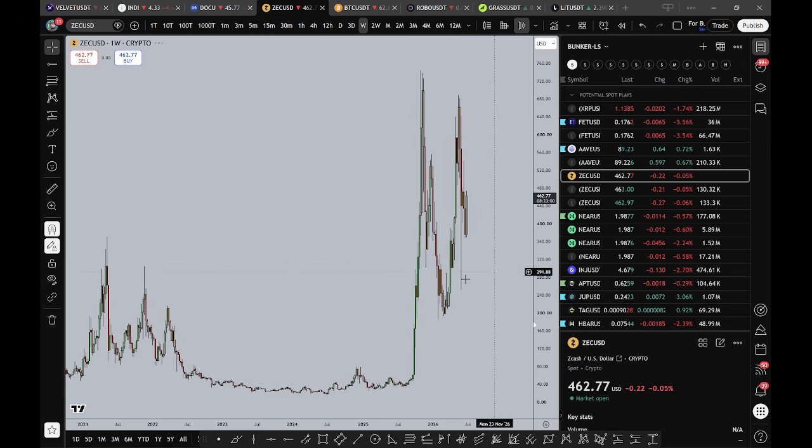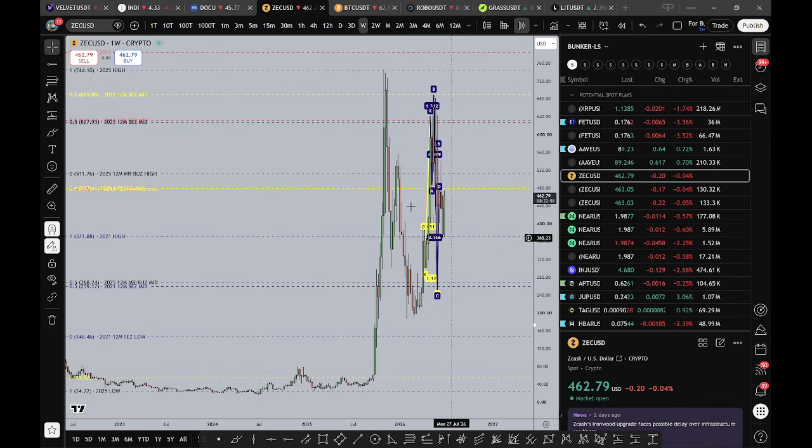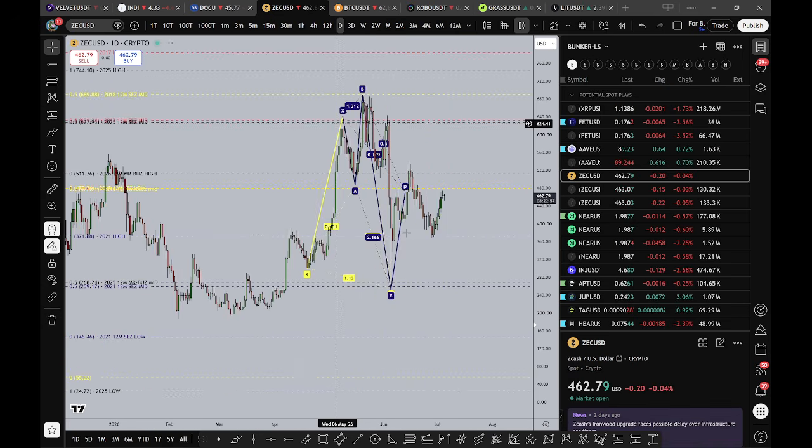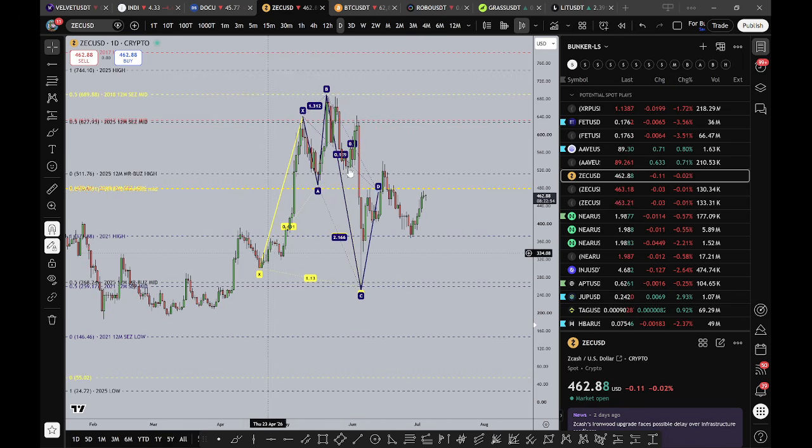Zcash, if we take a look at Zcash, it probably bounced off a yearly mid. Yeah, there we go. The tools are there for you guys, right? Look, raid all the way down, M-shape completion, plus two yearly levels, bounce all the way up, distributed around the 2025 high, reconfirm the 2021 high as support, and then move back up to your next yearly level. It's insane. And now you wouldn't enter here because of the same thesis.